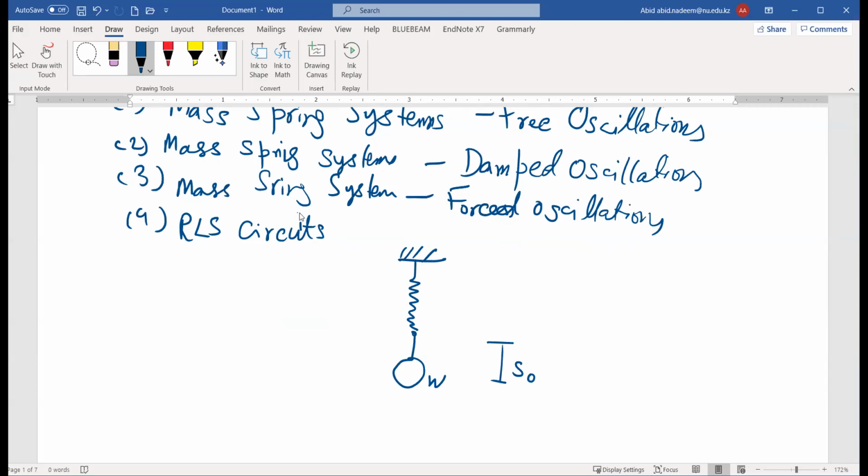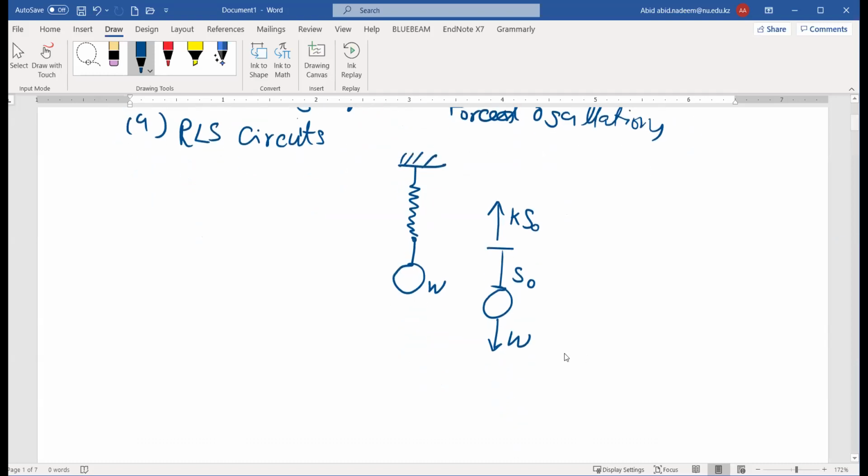So the force in the spring will be K times S0 in the upward direction, and the downward force will be W, the weight. The force in the spring comes from Hooke's law for springs.